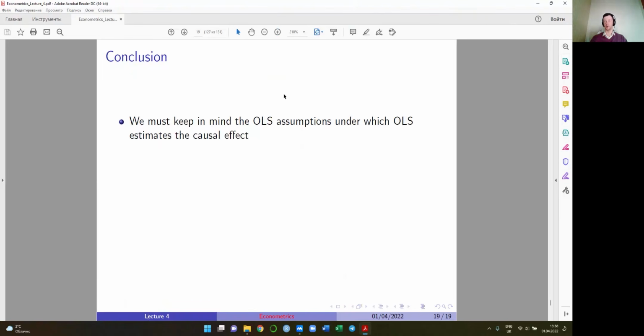So, the conclusion. First of all, what we have studied today. We know 3 assumptions. The first one is the most crucial assumption if we want to give the causal effect interpretation to beta estimates. So basically beta 1 hat is more important for us.